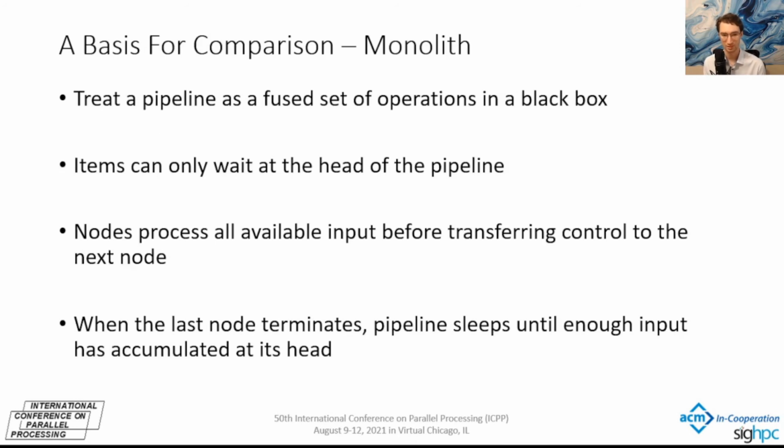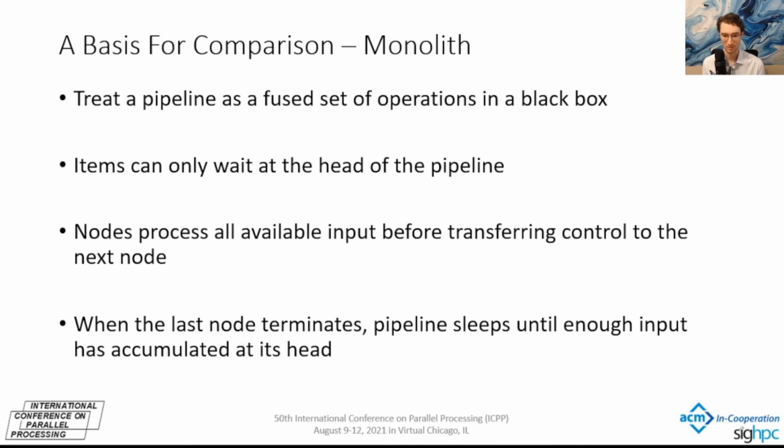In order to decide if our system is actually an improvement over other solutions, we develop an optimization problem called the monolith, which treats the pipeline as a fused set of operations in a black box. Items can only wait at the head of the pipeline, and nodes process all available input before transferring control to the downstream node.